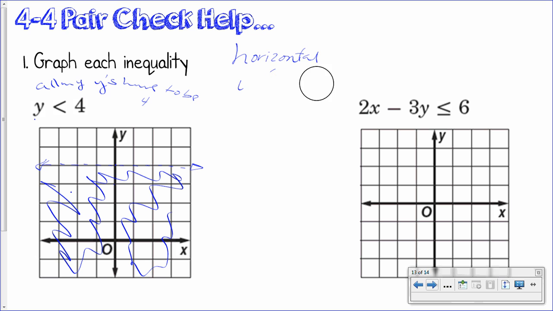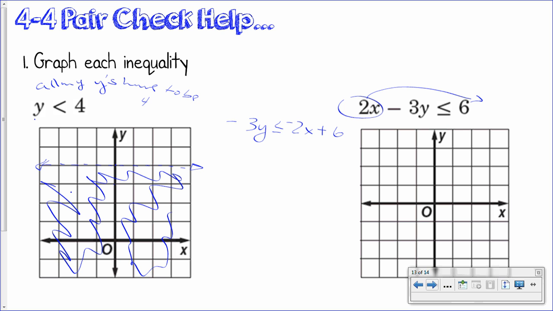Okay, what do I have to do on number 2? Turn it into slope-intercept form. Alright, that goes over there. And now what? Okay, what happens to my inequality? It flips. So I'm going to go ahead and take care of it right now.